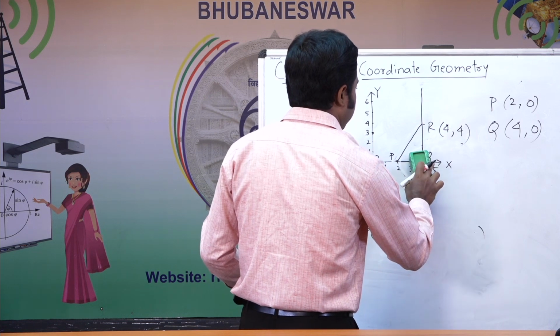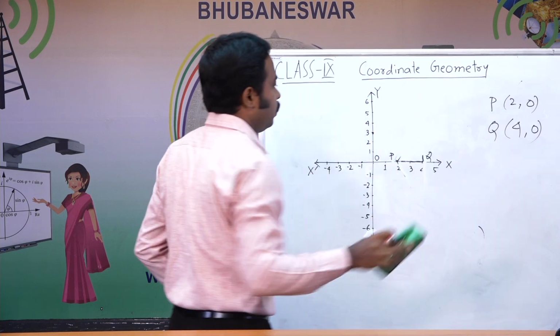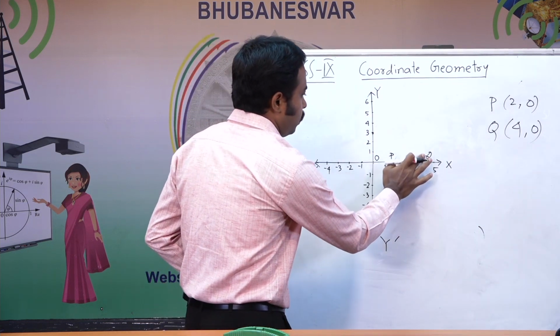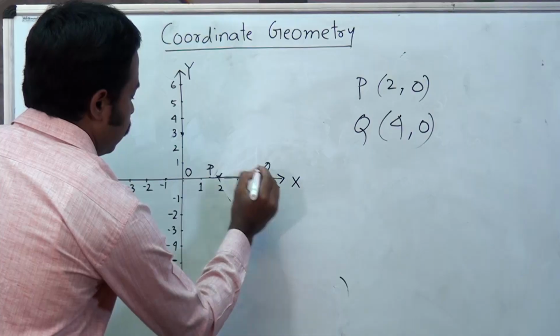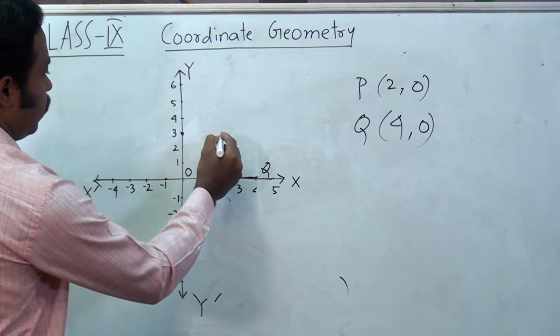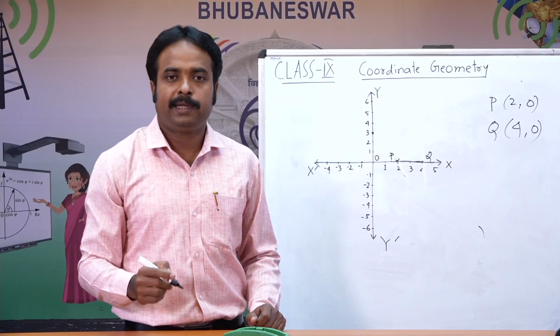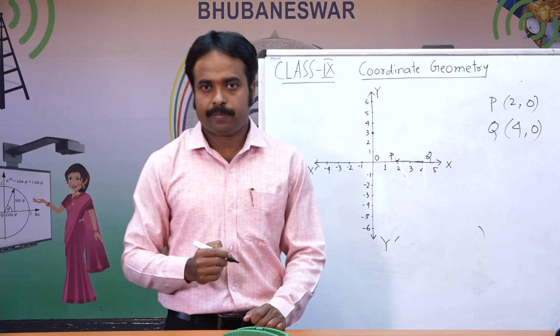If we choose R here also, that means earlier we made angle Q as 90 degrees.